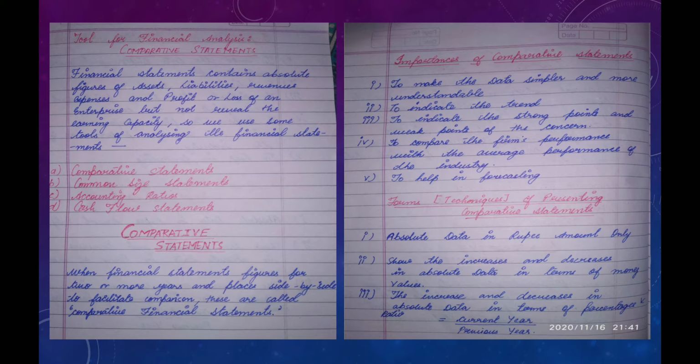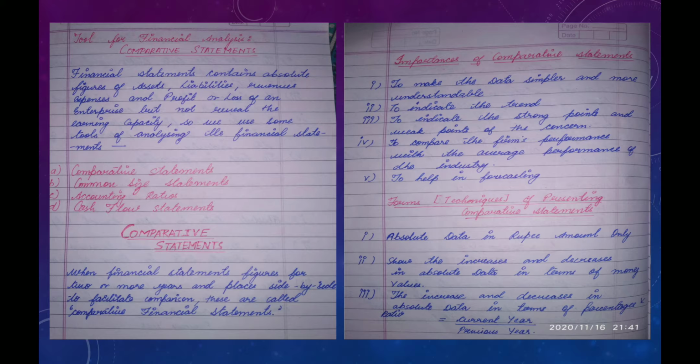It also helps in forecasting about the condition of the management, profitability and soundness of the business. So comparative statement is quite helpful for the company for analyzing the condition of the company.